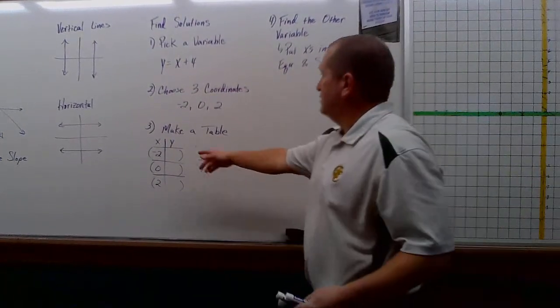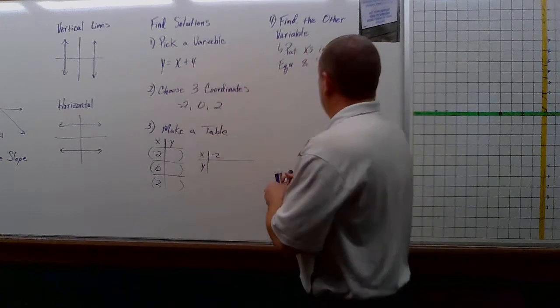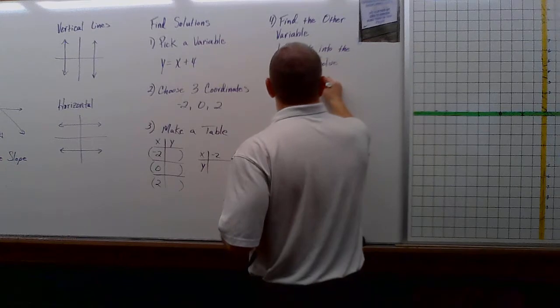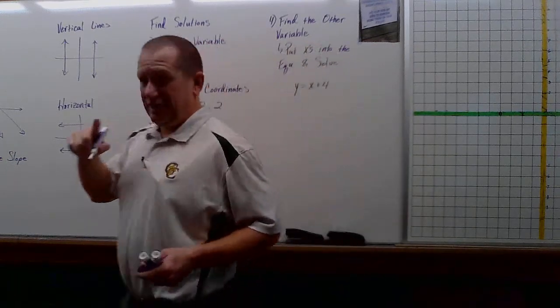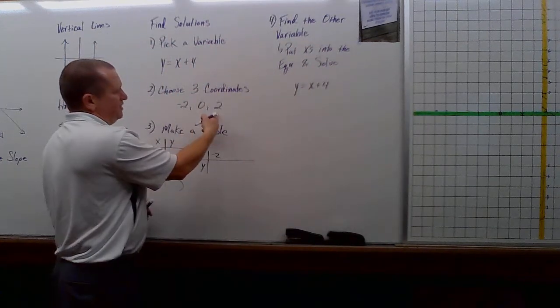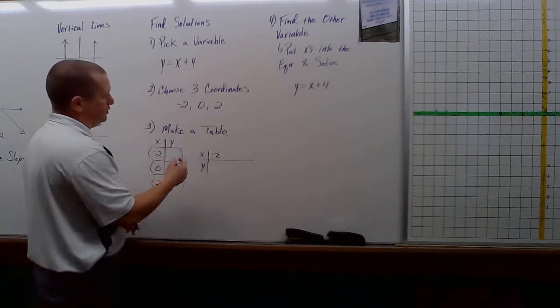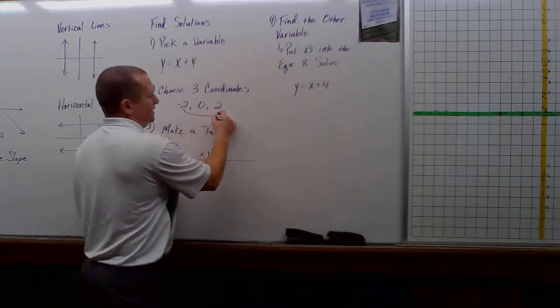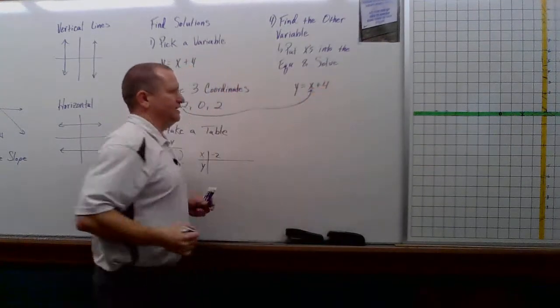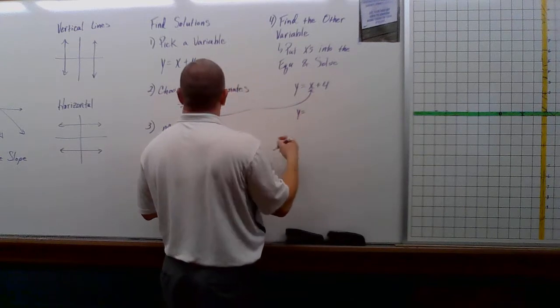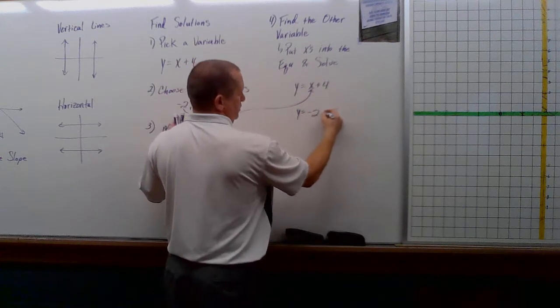So in this case right here, I'm taking my equation, y equals x plus 4. And I have to take each one of the coordinates that I decided on and stick it in for my x, because we decided that it's going to be an x. So I'm going to take this -2 right here, and I'm going to stick it into that equation right there. So y equals -2 plus 4.